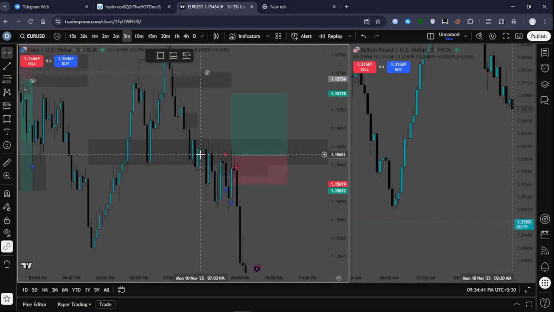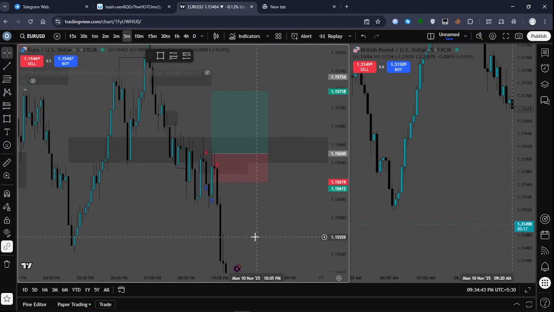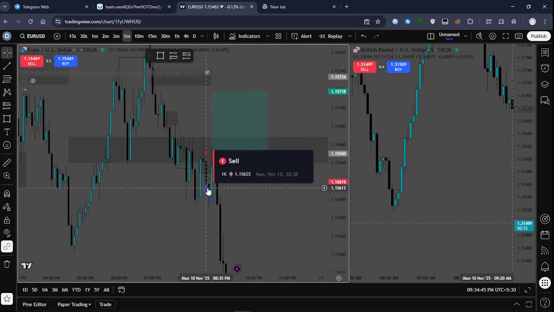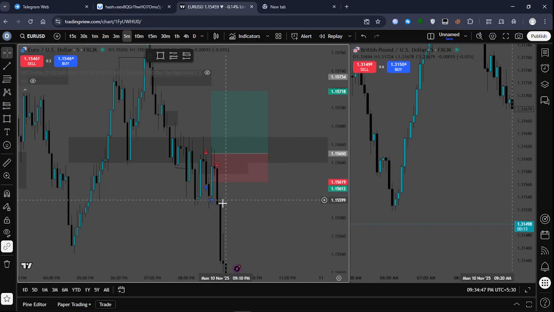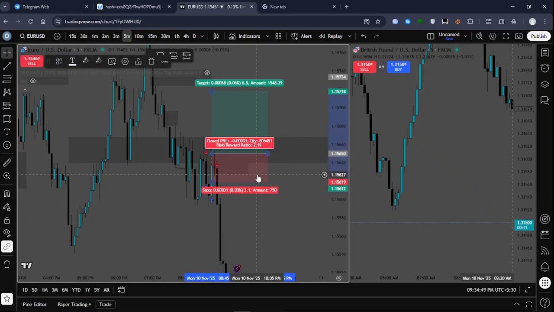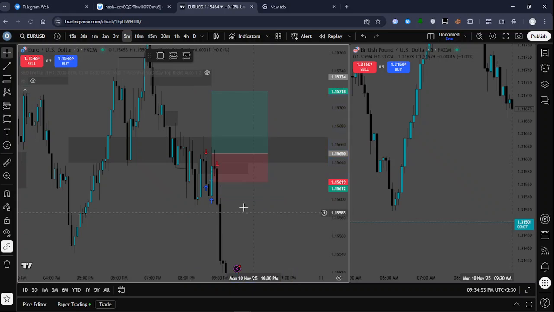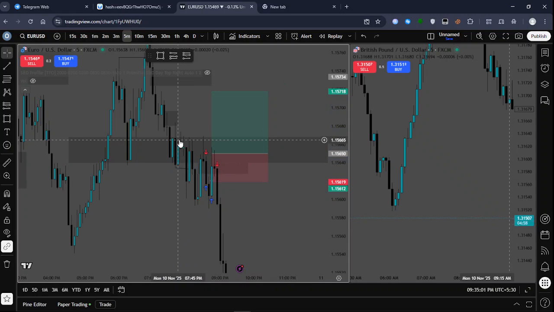Then where exactly I started trading was this first one. I bought once this 5 minute fair value gap got formed. I had this idea that we had all this internal sweep and everything.